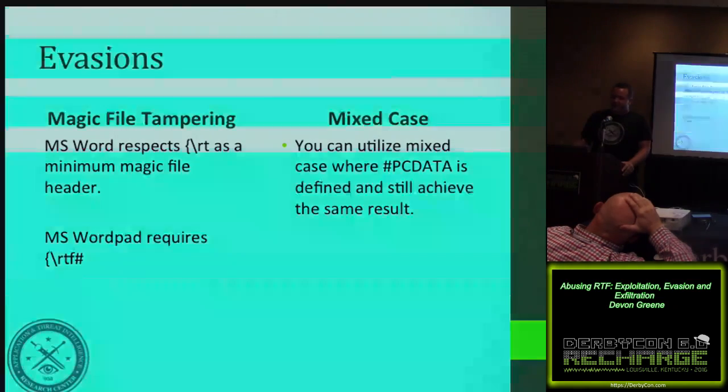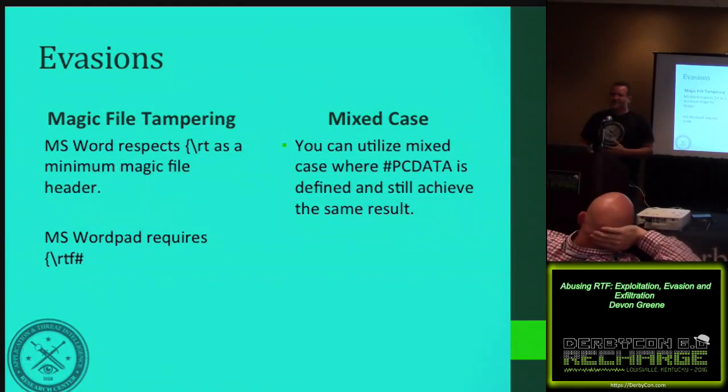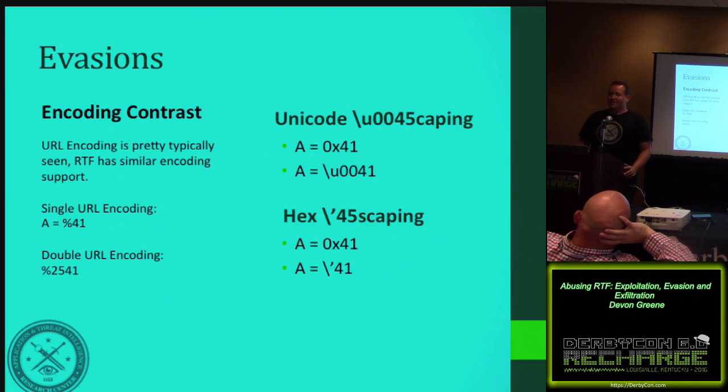Another thing I looked at is using mixed case, and I'm not going to beat that one to death, because these days a lot of our detection technologies are really good at looking at whether you decided to uppercase or lowercase something. Where I was able to get some big wins in bypassing things is in evasions, encodings.